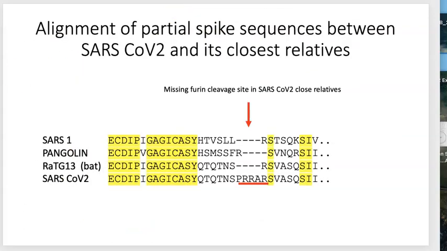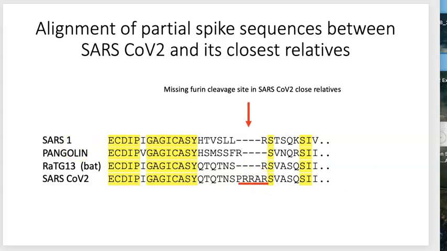One of the reasons why I think it was unnatural is because when you look at the closest relatives to SARS-CoV-2, they don't have anything like this, such as the SARS-1 virus, pangolin, RaTG13, which is a bat virus that was highly similar to SARS-CoV-2. In fact, probably the most similar virus to SARS-CoV-2 has nothing like the PRRAR.